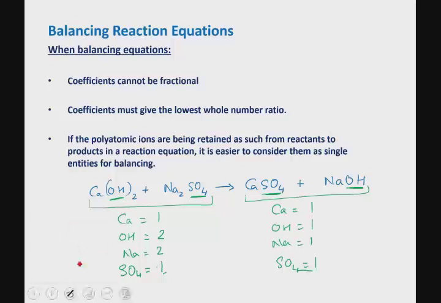We need to work with sodium and hydroxide. We have two of each of those on the reactant side. So if we put a 2 in as a coefficient for sodium hydroxide, these become 2 as well, and the equation is balanced. So this hint might sometimes make the whole process of balancing equations easier and faster for you.